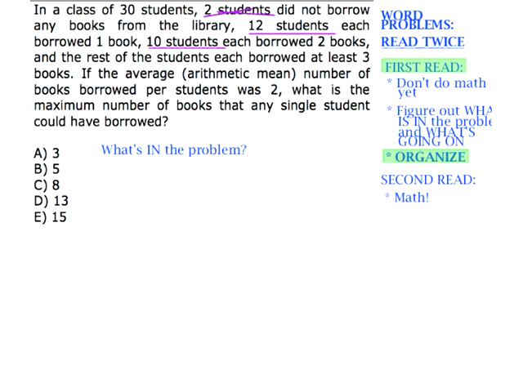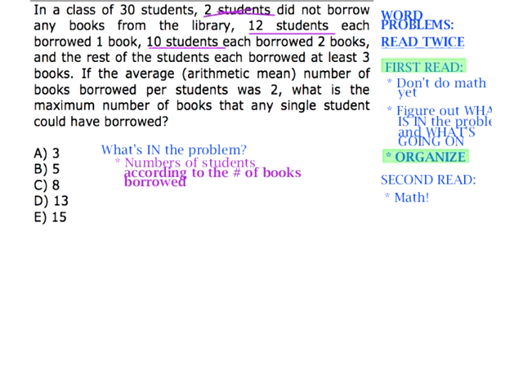And then you also have numbers of students who borrowed the same number of books, according to the number of books that they borrowed.